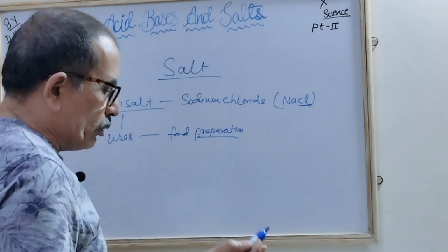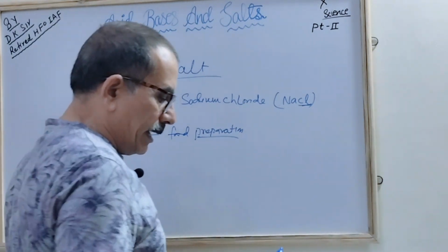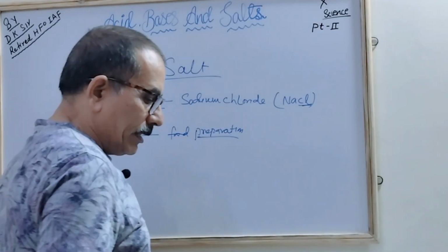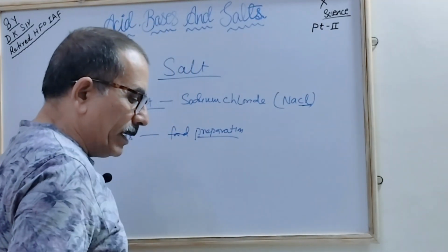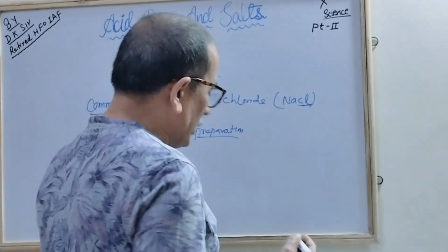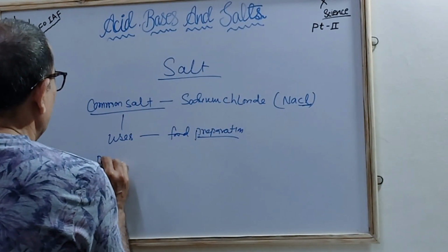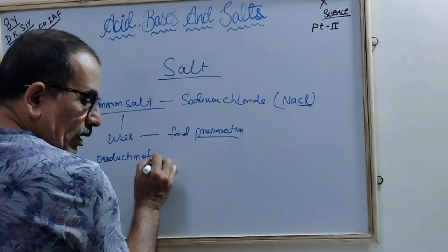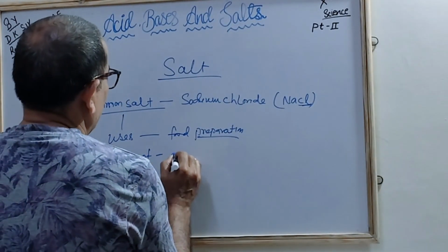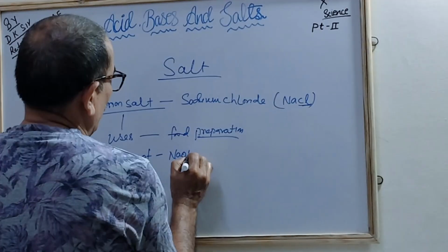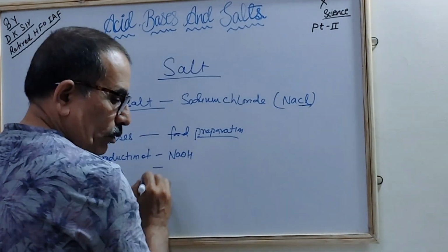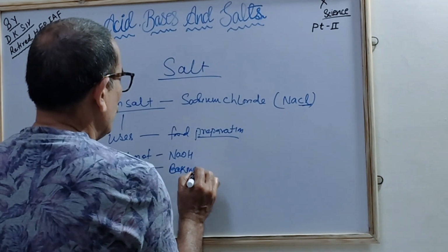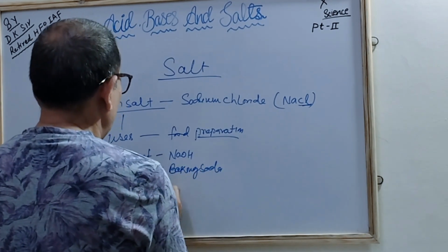In the factory also we use it in different ways. It becomes the raw material for the production of different things, like the production of sodium hydroxide, NaOH. Also baking soda, making the baking soda.